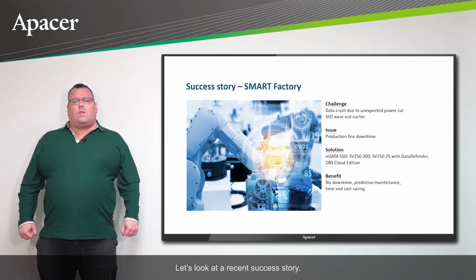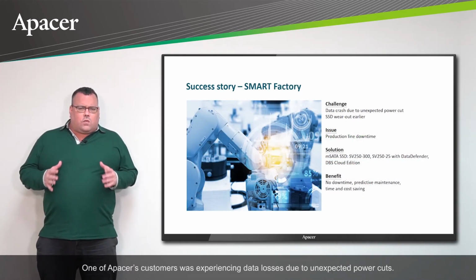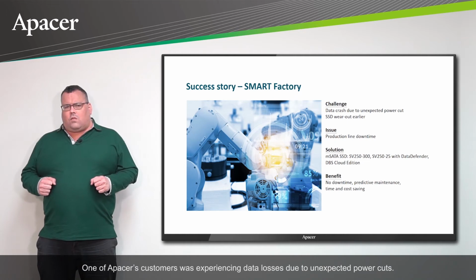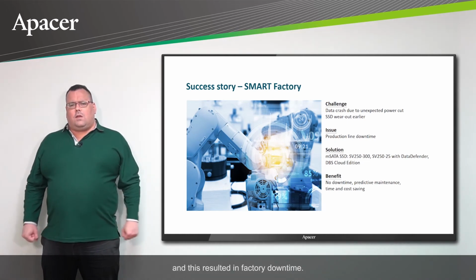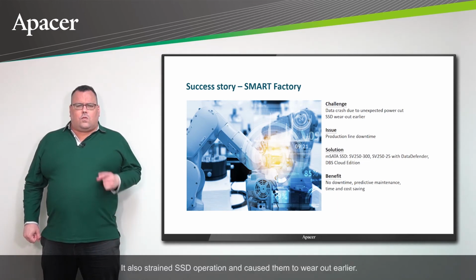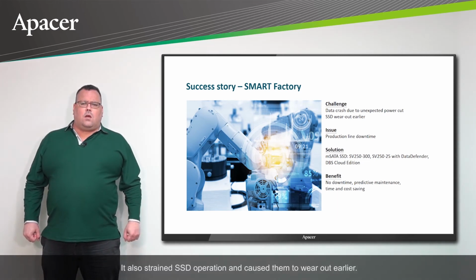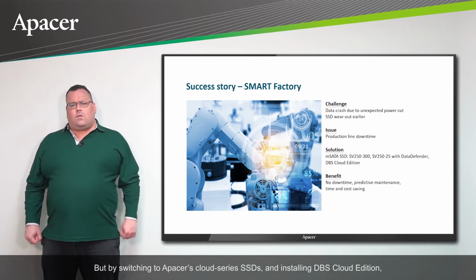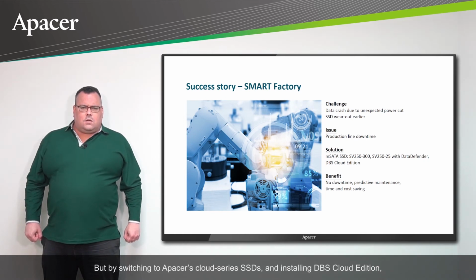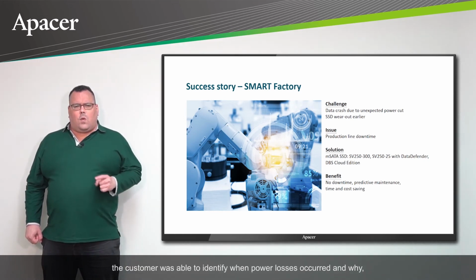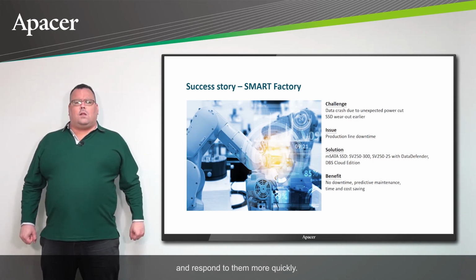Let's look at a recent success story. One of Apacer's customers was experiencing data losses due to unexpected power cuts, and this resulted in factory downtime. It also strained SSD operation and caused them to wear out earlier. But by switching to Apacer's Cloud Series SSDs and installing DBS Cloud Edition, the customer was able to identify when power losses occurred and why, and respond to them more quickly.